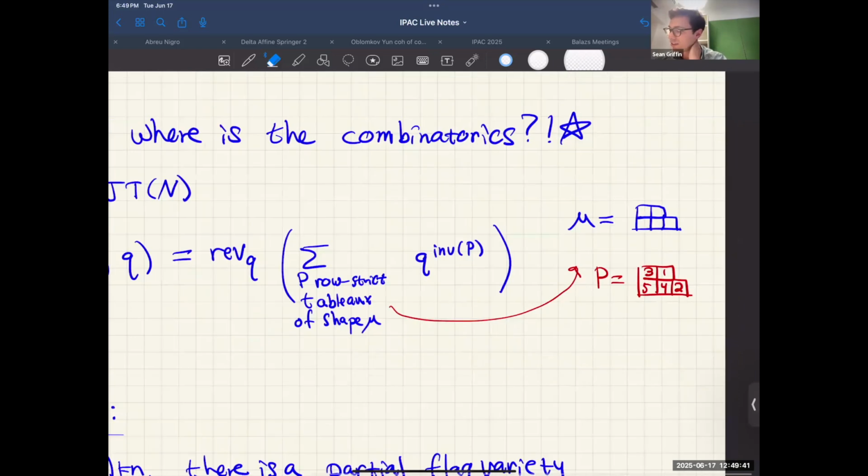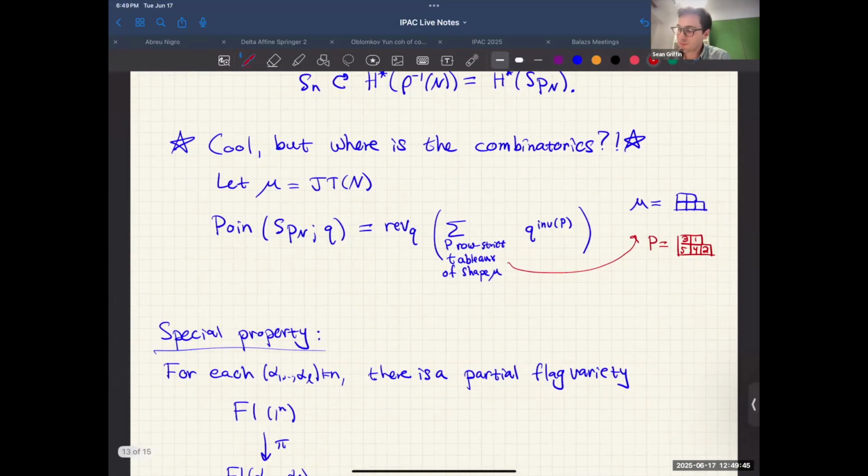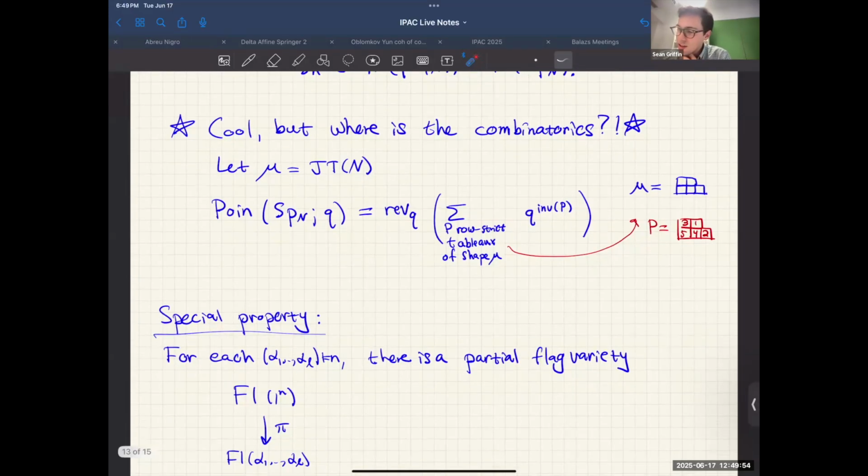Anyway, but not necessarily column strict, but row strict. And then inversions are looking at attacking pairs and counting inversions among the attacking pairs.